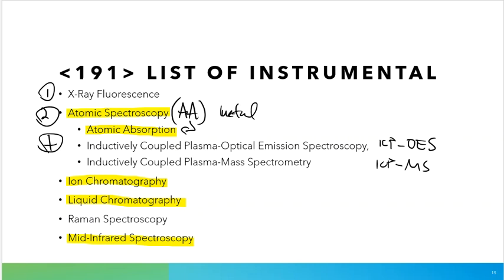So the ICP-OES, the ICP-MS, I want you to think of those as atomic absorption, but on steroids. So they're a little bit better. They're way better, actually. They can go lower. So we're looking at part per billion levels instead of part per million levels. So they're way more sensitive. They're way more expensive.